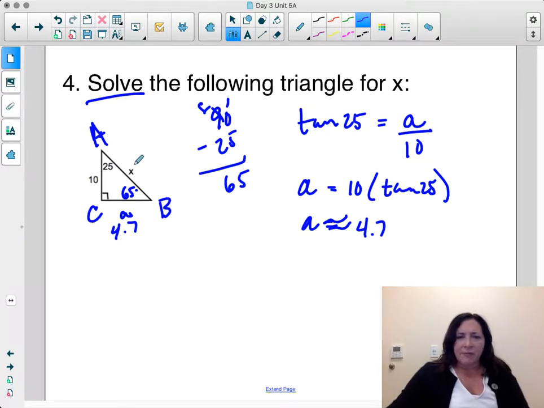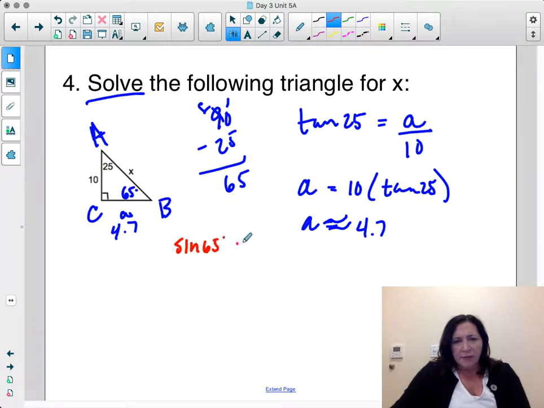And again, if I want to find x, I have so many options here. One of my options could be sine. So I could say sine of 65 degrees is equal to opposite over hypotenuse, cross multiply, divide. You never put yourself at angle C, just so you know.